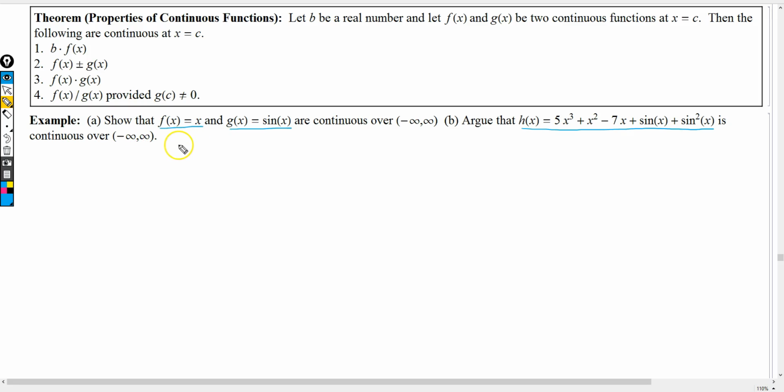Well, recall that to show a function is continuous, we have to show this is our statement of continuity. We have to show the limit as x approaches c of f of x equals f of c exists.